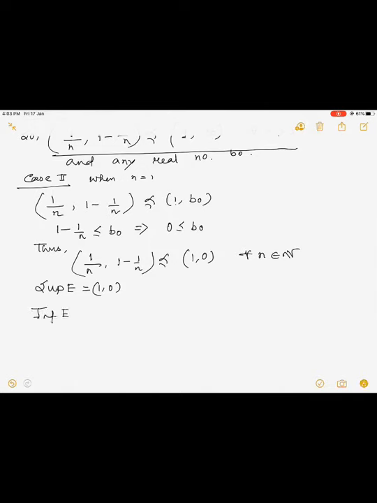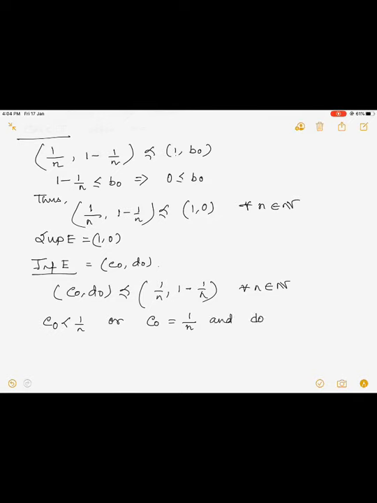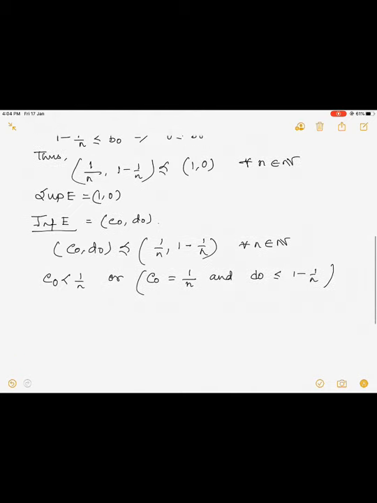Now we will consider the infimum case. Let the infimum of E be some (C0, D0). Thus (C0, D0) is pre-curly equals to (1/n, 1 minus 1/n) for all natural numbers n. This means that either C0 is strictly less than 1/n, or C0 is equal to 1/n and D0 is less than or equal to 1 minus 1/n.